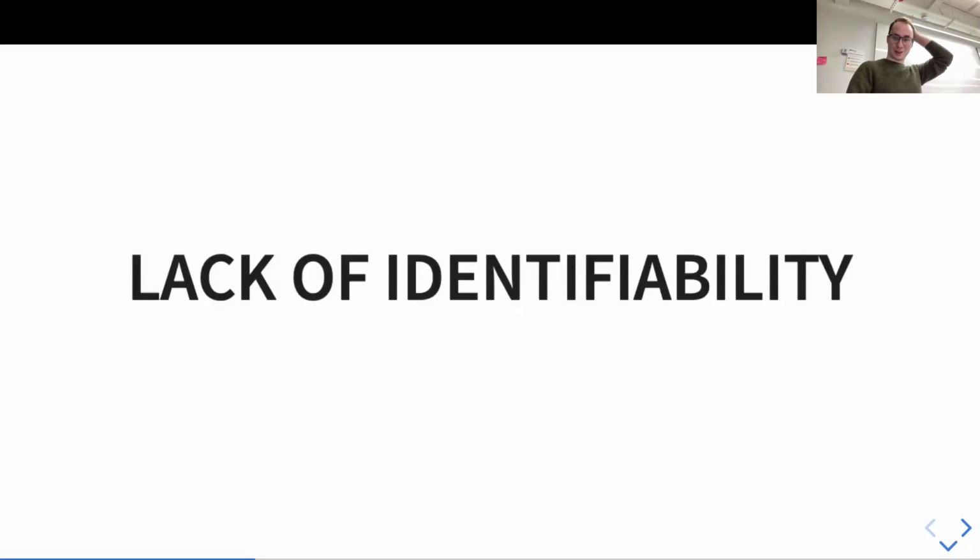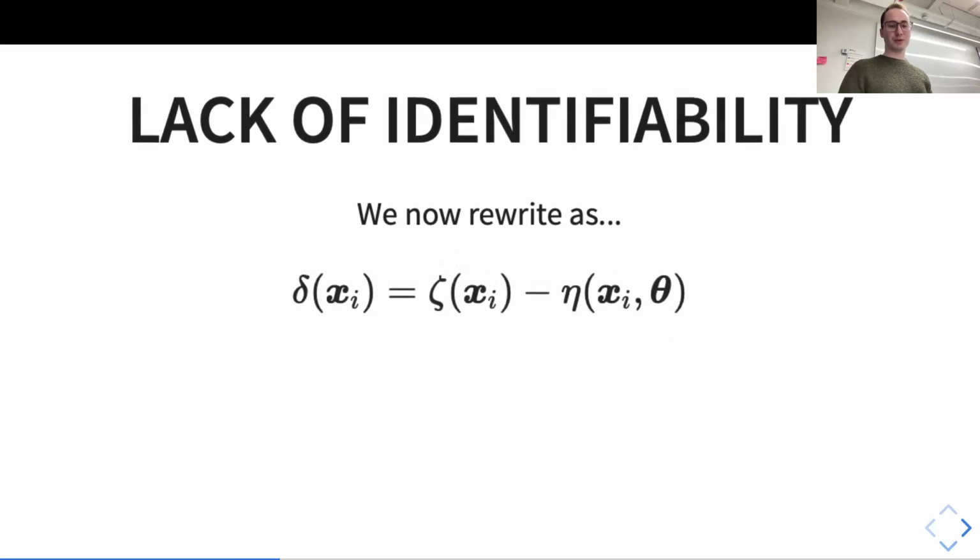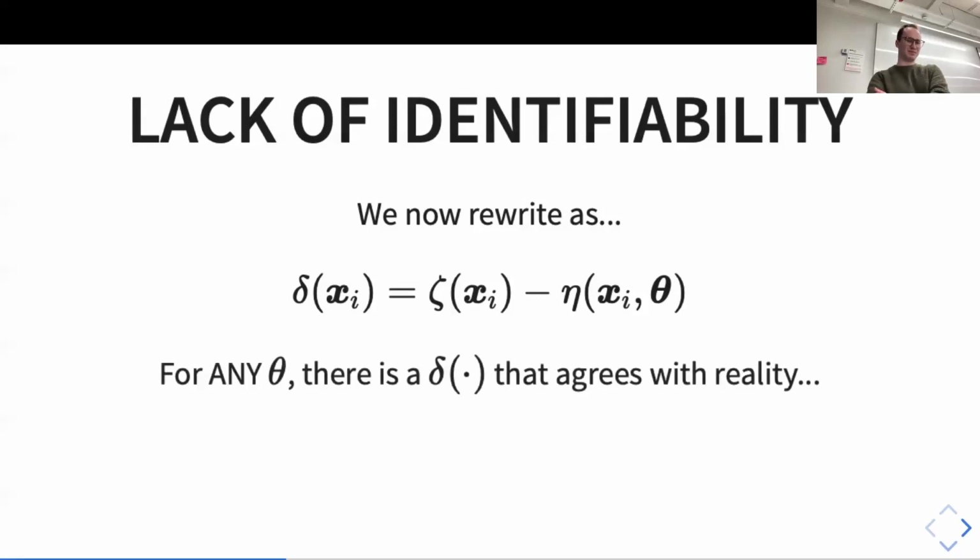Lack of identifiability. So we're going to jump back to this equation where we've split up the true process and said that it's just the same as our simulator output and some little bit of missing parameterization, this model discrepancy. Let's rewrite this. We've just reordered it. It's all we've done here. But it now takes a slightly different interpretation.